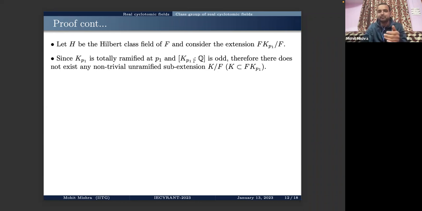And since the degree of K_P1 over Q is odd, we can conclude that there does not exist any extension of F contained in the compositum of F and K_P1 which is unramified.